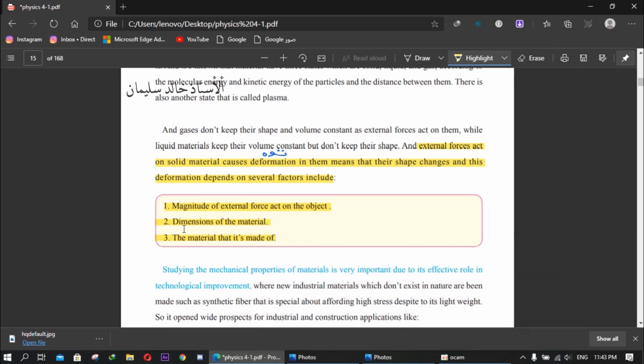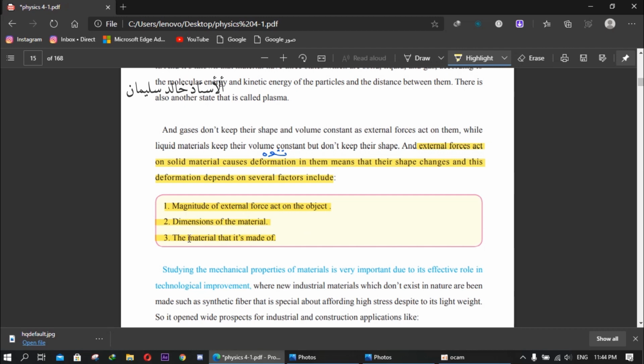Number 2, the dimension of material. You can cut a piece of paper into two parts by your hand, but you cannot cut your physics book because its dimension is larger than one paper. This is an example of the factor dimension of material.